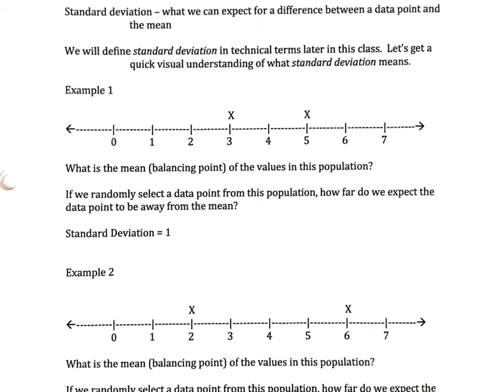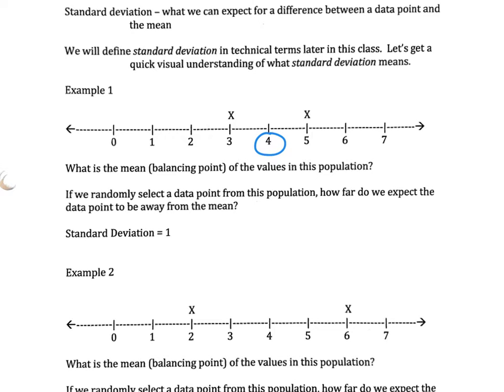Let's look at this little simple example. This is a two-value data set, and the values of the data set are 3 and 5. All right, so obviously the mean or the balance point of 3 and 5 is 4.